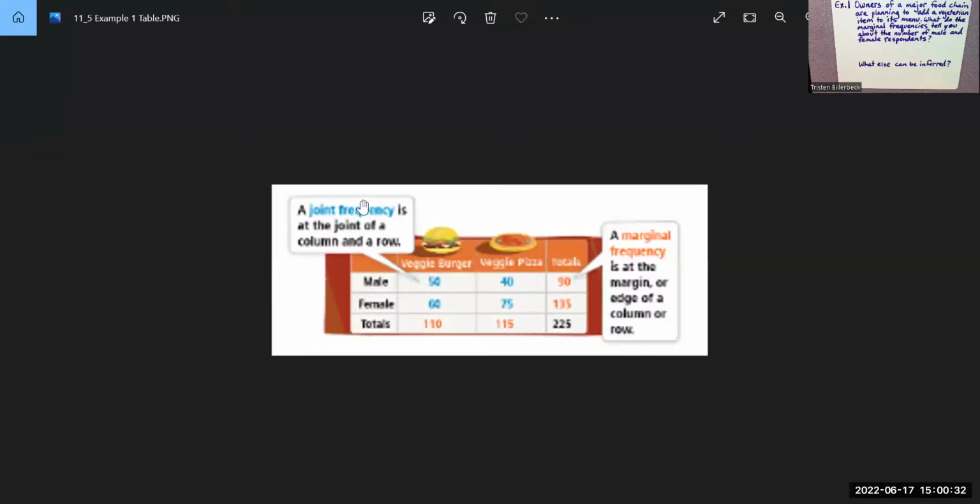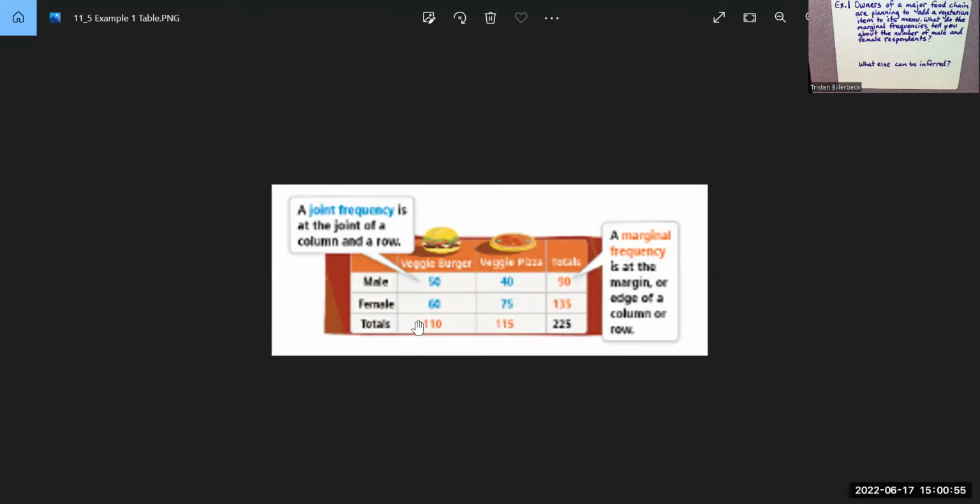All right, so we see we have a joint frequency here. The males liking veggie burgers is 50. The joint frequency of males liking veggie pizza is 40. And the total, 50 plus 40, is 90, which is our marginal frequency. So margins of a paper, remember that?